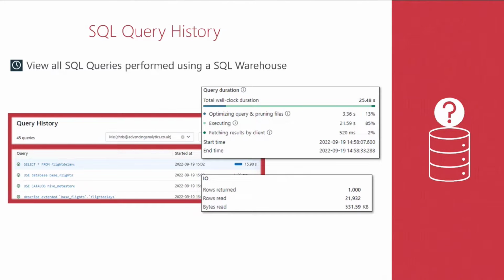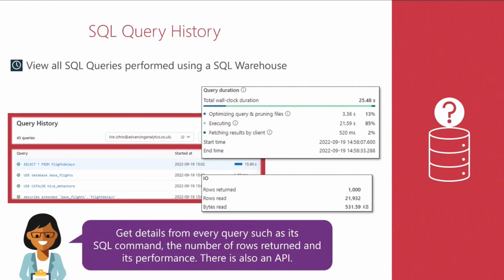Here we can see the query duration. You can see how the optimization exercise is being done in order to create the most efficient way that Spark executes its jobs, stages, and tasks. We can see how long that took, and we can also see the rows that are read and the size of those data sets as well. So you get lots of features there.